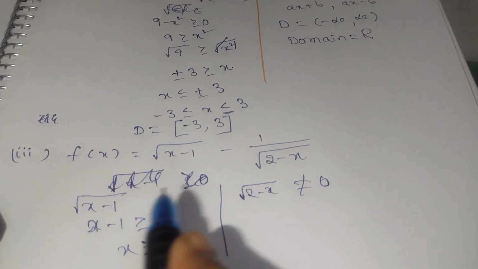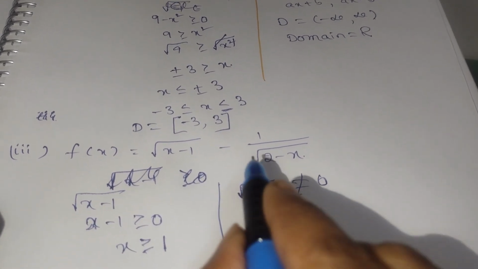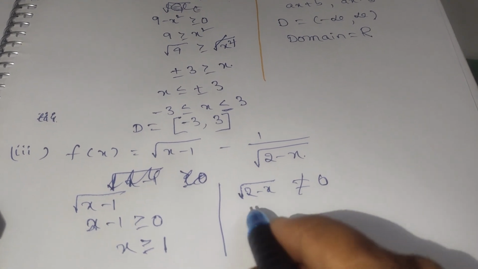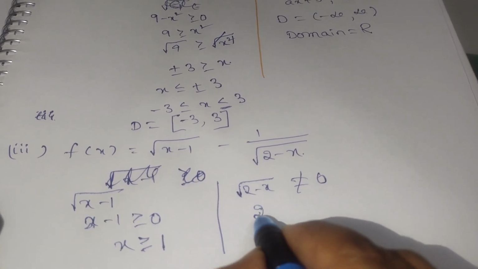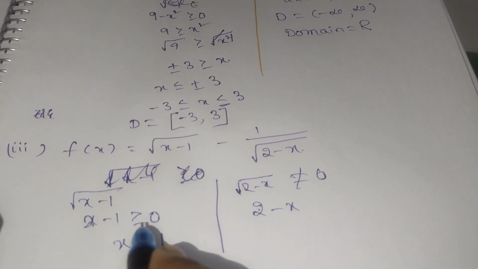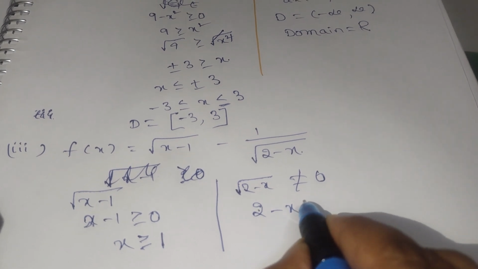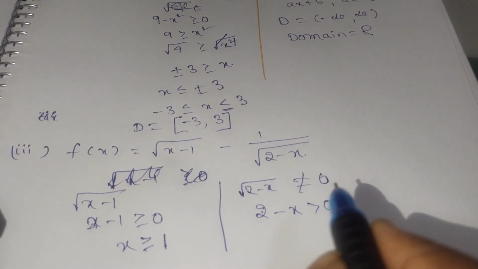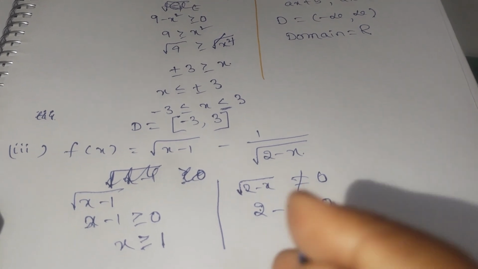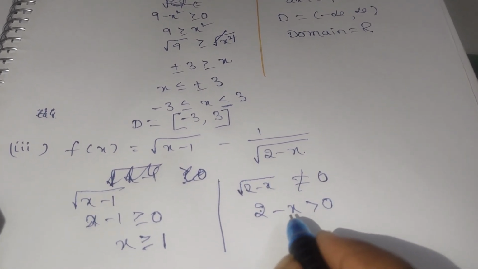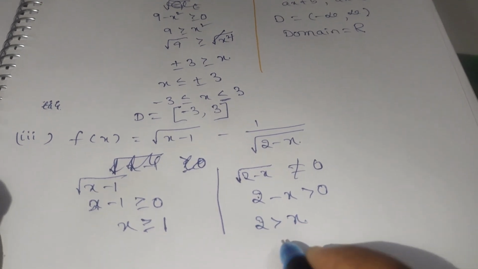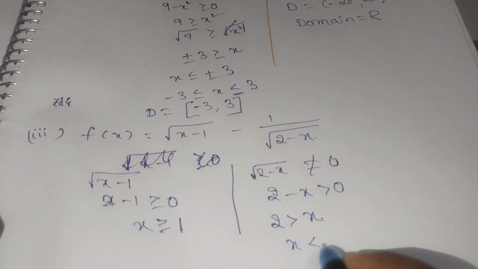That is one thing. And that too, the root is in the denominator, so it's not equal to 0. So now we take only greater than 0. Don't take equal. So 2 minus x greater than 0. We are taking only values more than 0, not equal to 0 and not negative values. Now send minus x to the right hand side. We get 2 more than x. That is x less than 2.